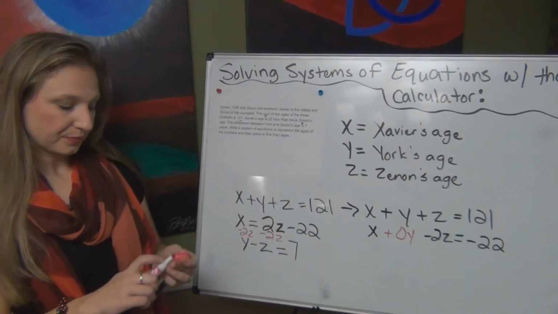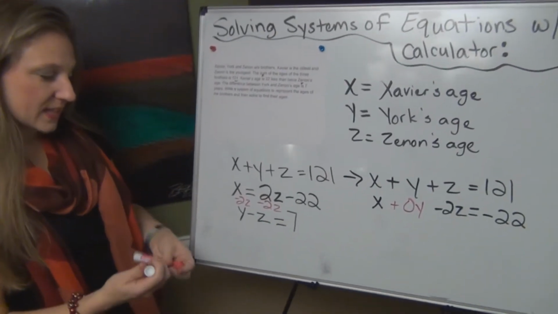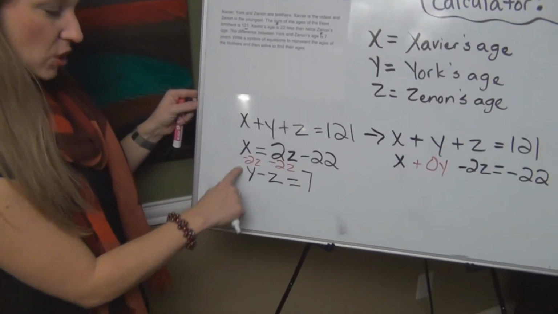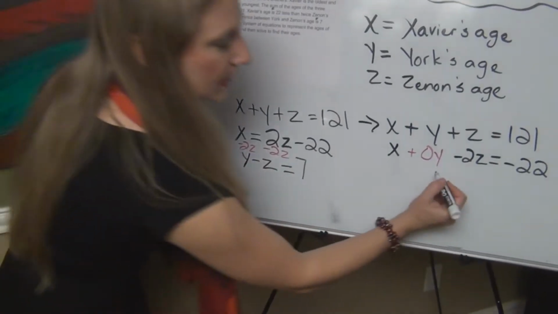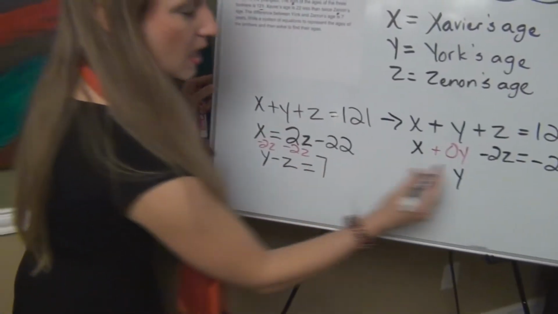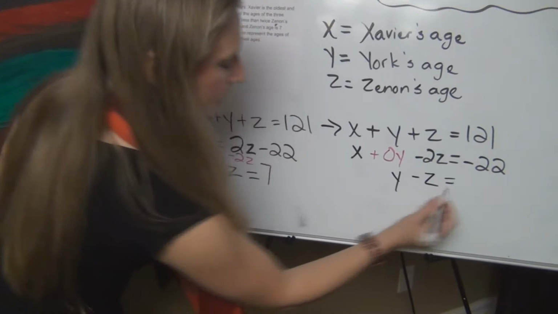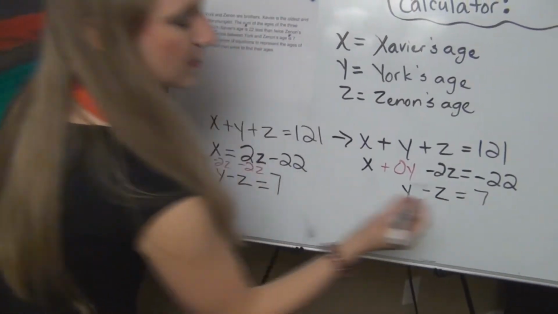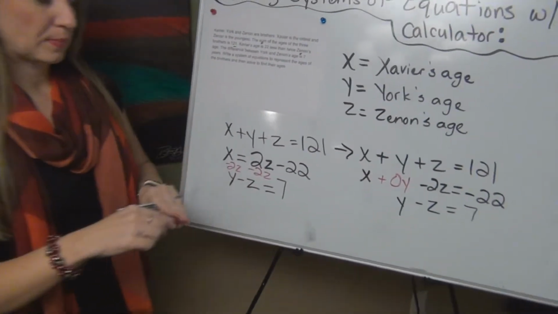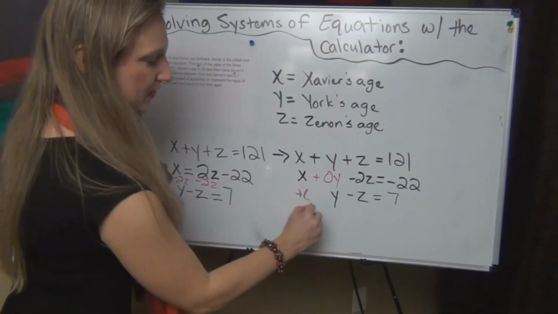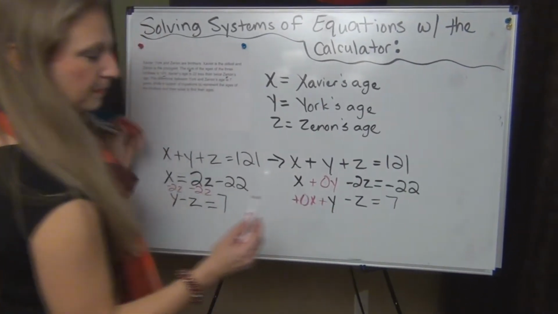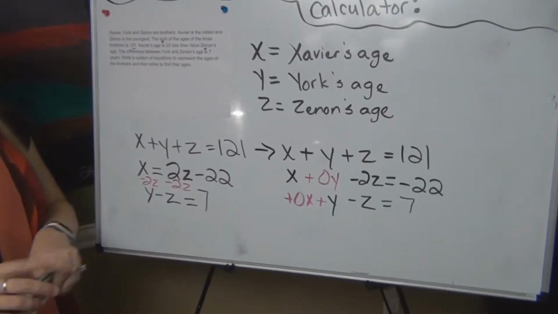All right, on the last one, notice we have no X. So I'm going to line up my Y. I'm going to line up my minus Z. And I've got a 7 there at the end. So my placeholder this time is I'm going to have a 0X to plug in.